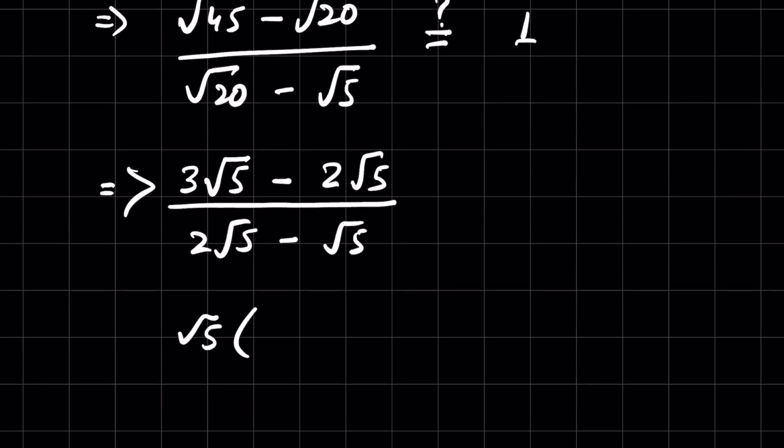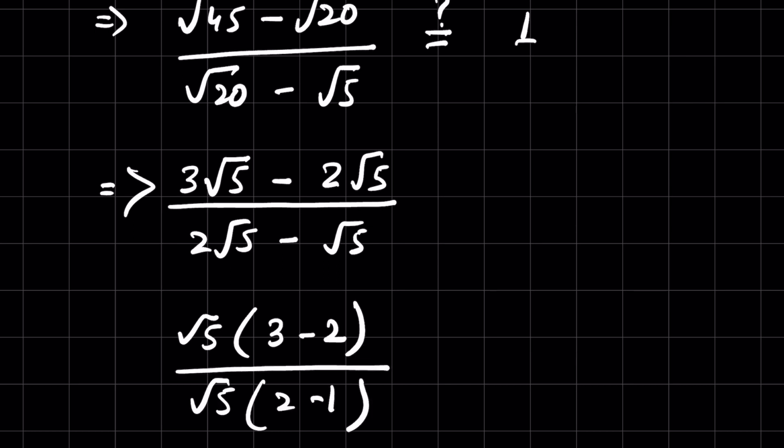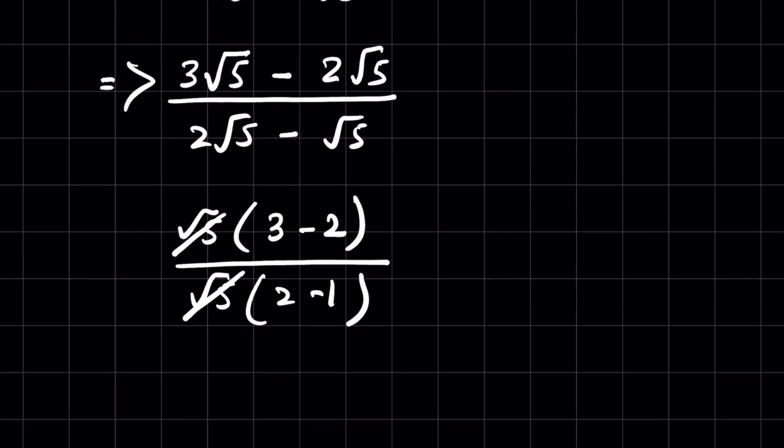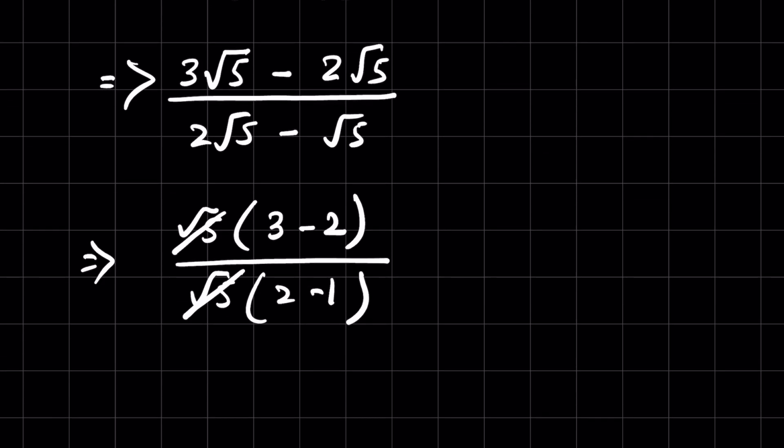Now take √5 common in the numerator, so it is 3 − 2 upon, here again √5 is common, 2 − 1, √5 and √5 get cancelled, 3 − 2 is 1 and 2 − 1 is 1.